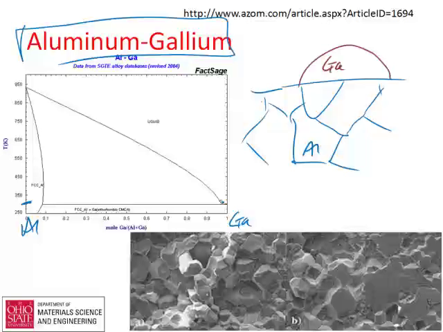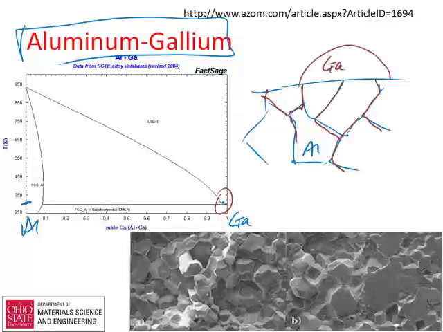We can see that these things want to form sort of a two-phase structure, aluminum plus gallium, and the way it ends up happening is the gallium can diffuse down these grain boundaries, intercrystalline boundaries, and give you basically gallium-rich regions throughout all of this.